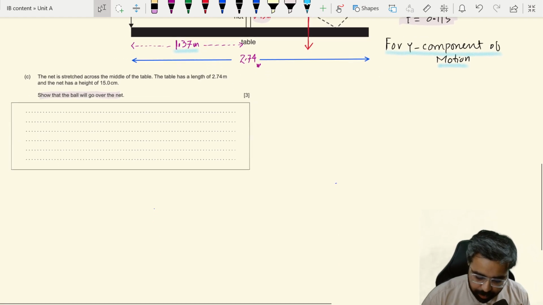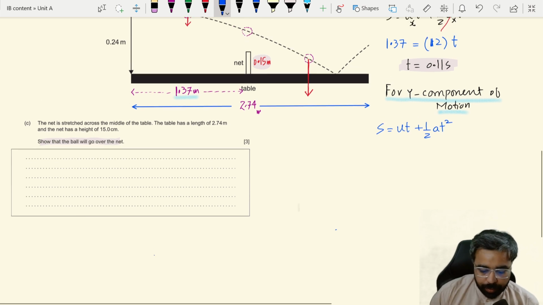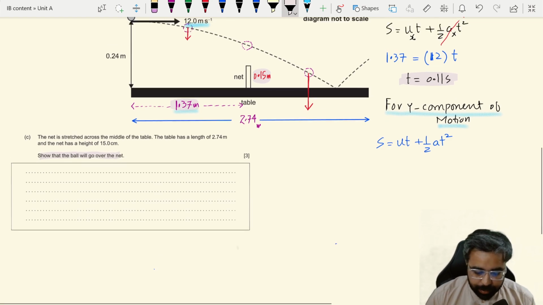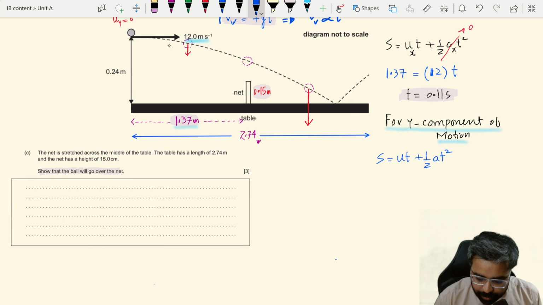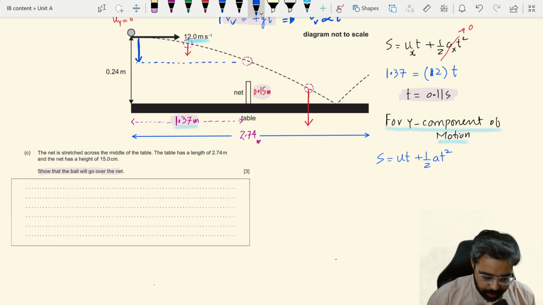Because with the help of this equation, s is equal to ut plus half at squared, for the x component we already know it's 1.37, so there's no need to apply that equation again. If you apply this equation for the y component, then you can find, at 0.11 seconds, how much displacement is covered vertically downward. You can find out this displacement, and then you can subtract it from 0.24.